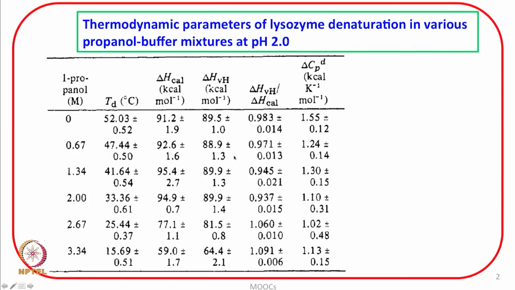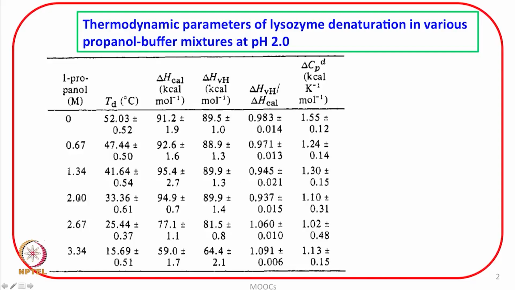Van 't Hoff enthalpy can be calculated. I will comment on the Van 't Hoff enthalpy a bit later. And the associated change in heat capacity has also gone down a bit. And let us make some more observations in this table. When the concentration of propanol is further increased to 1.34 molar, although the transition temperature is again further decreasing, the calorimetric enthalpy has shown a little bit more rise, and the delta Cp value is not very largely affected.